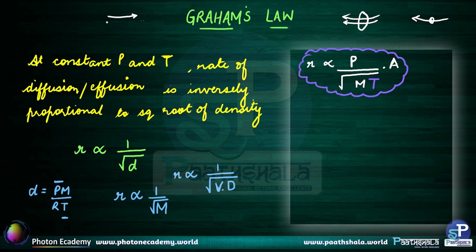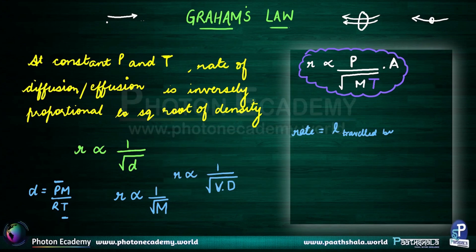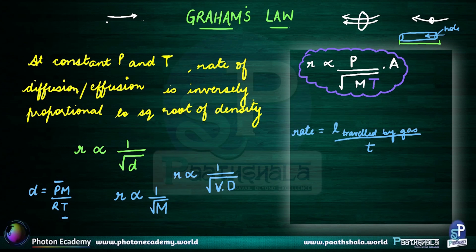Also, the rate can be defined in a number of different ways, such as the length traveled by the diffused gas per unit time. How can we represent this? Say we have a tube here and this is the pinhole, right? So the gas will be traveling in this manner. So we calculate the length that the gas traveled per unit time. That can be defined as rate.